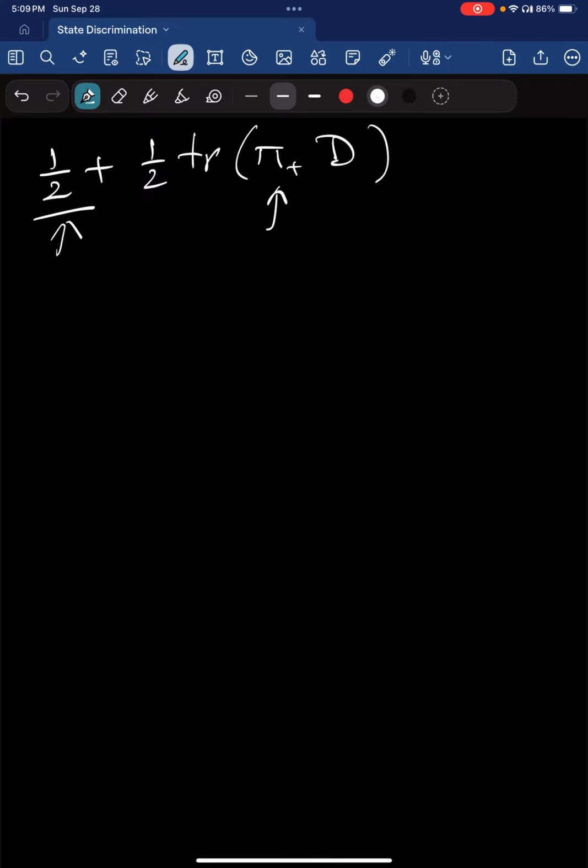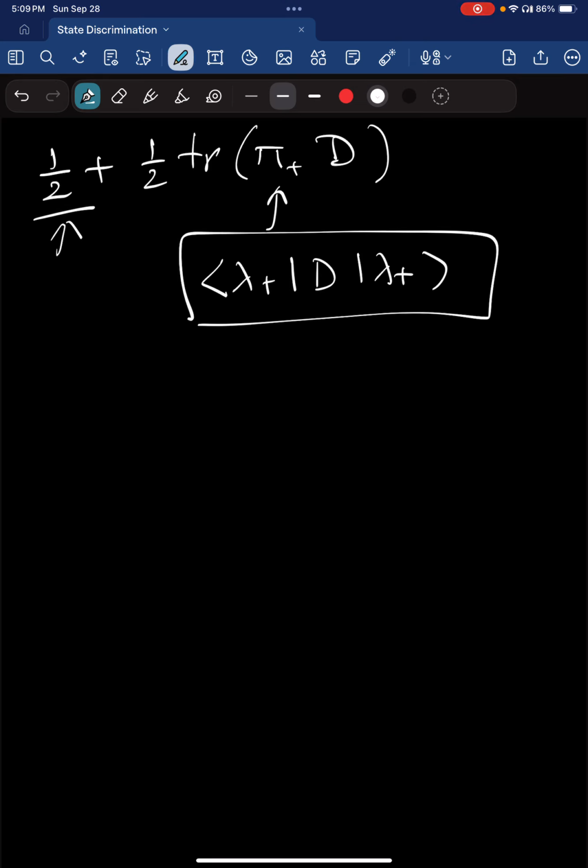Now we can see that this is basically nothing but this one, right? Now, of course, this is maximized when lambda plus is the maximum eigenvalue eigenvector of the operator D. So what happens is if we allow that, this is the eigenvector of D, so we will get this one.